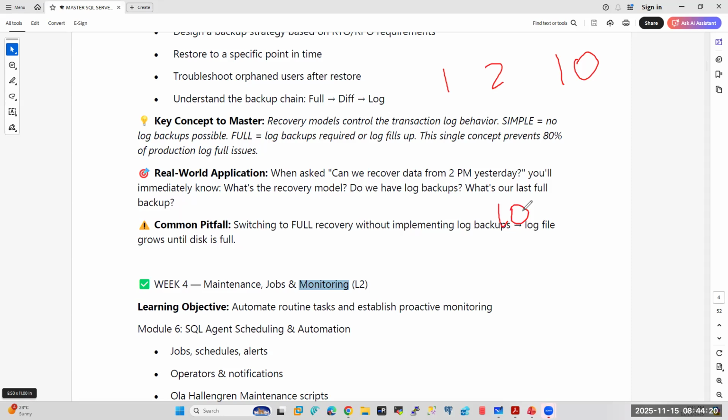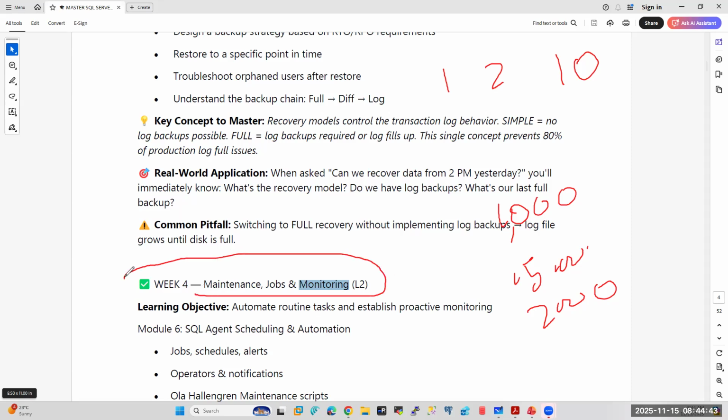But you are maintaining 1,000 servers. You are maintaining 1,500 servers. Okay, you are maintaining 2,000 servers. It's very difficult to connect server by server to monitor whether SQL is running fine, jobs are running fine, so on so activities running fine. It's very tough. So definitely you will do the automation. That is nothing but automation.